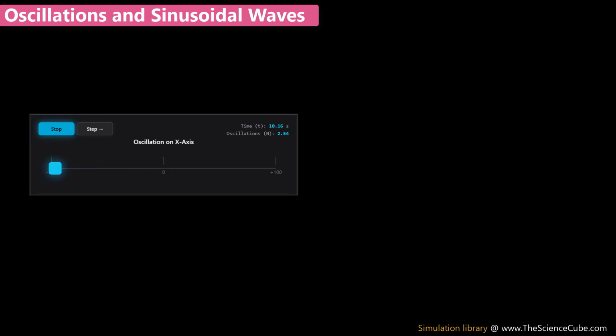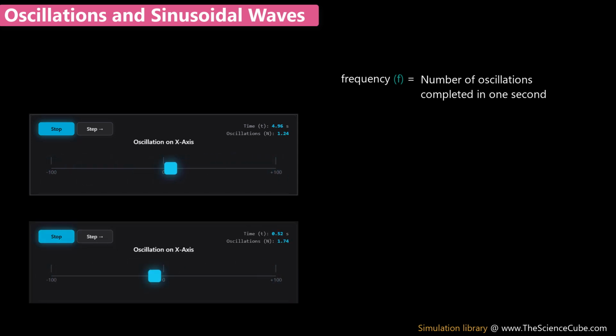Then we can say that the frequency f of the oscillation is the number of times it completes a full oscillation in 1 second. So if this oscillates 3 times in a single second, we say its frequency is 3 cycles per second, or simply 3 Hertz.